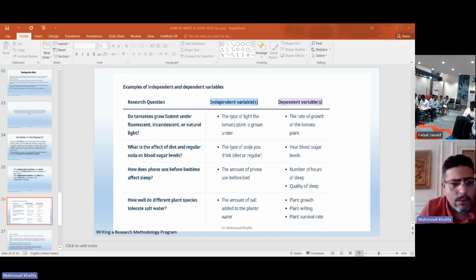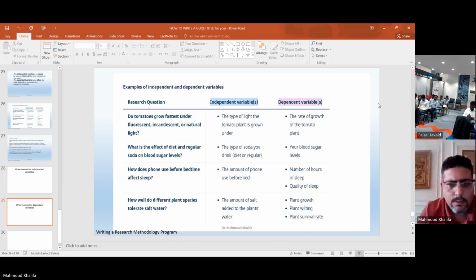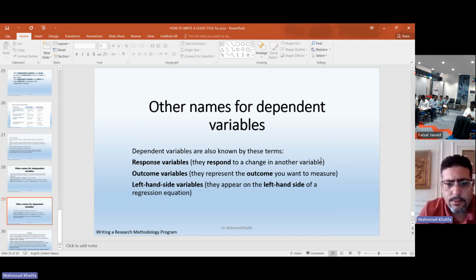Now we are going to move to the second topic: how to write a research problem.